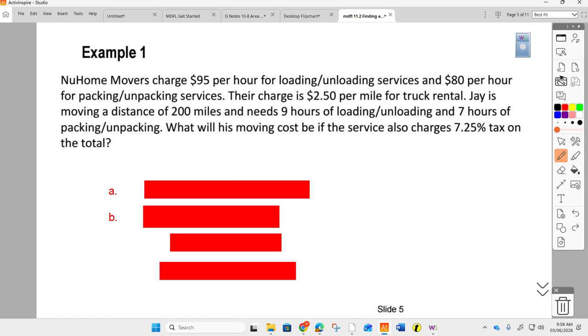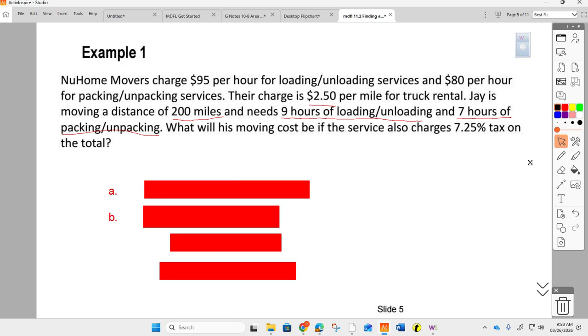All right, so in addition, they charge a price per mile for truck rental. In this case, it's $250 per mile. Jay is moving 200 miles. He needs 9 hours of loading and unloading and 7 hours of packing and unpacking. We don't really have to write an equation here, but we are going to write an equation.